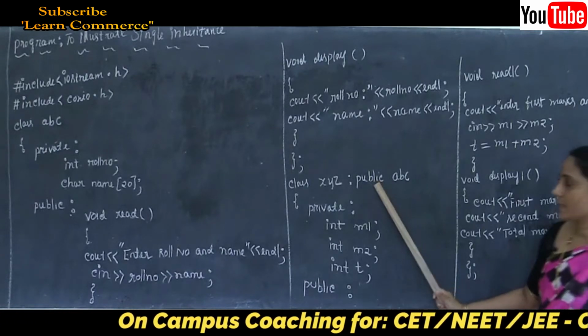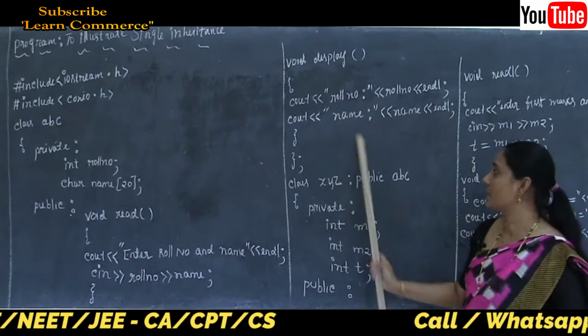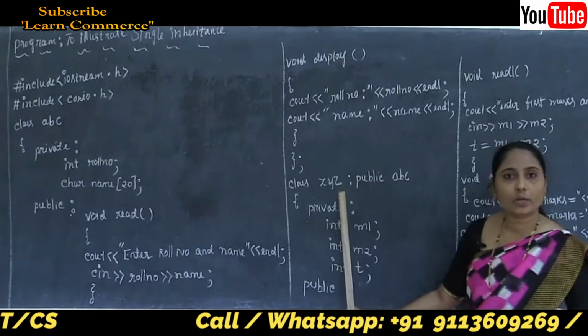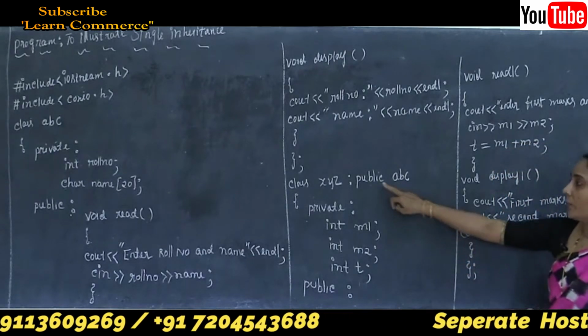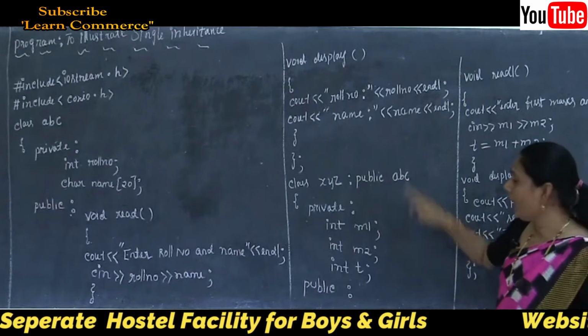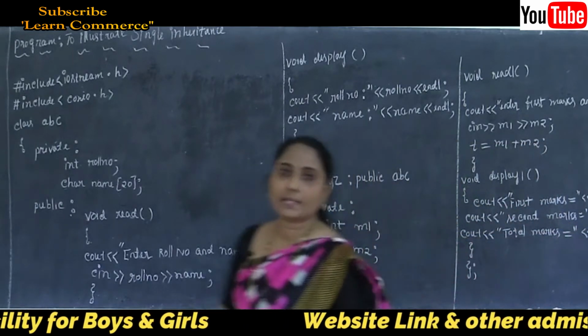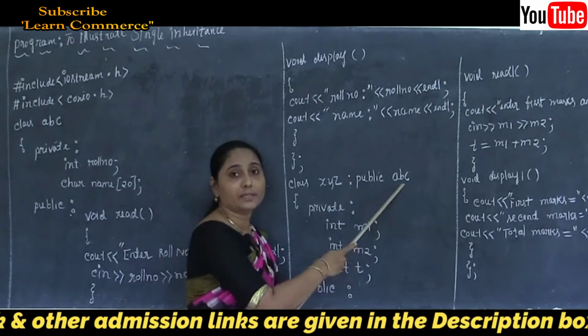In the public side, the features read and display are going to be accessed by our new class. The new class name is XYZ, and we already know why, because after the visibility mode, that is public, I used here, afterwards we need to use the base class name. The base class name is ABC.